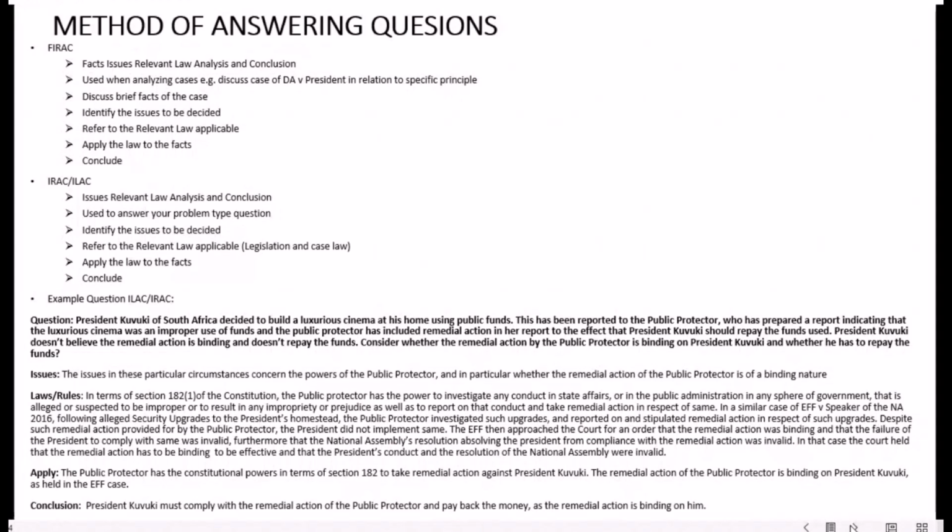You can also refer to other cases that would be applicable. So when we talk about relevant law, we're talking about any law that would be applicable, whether it's legislation. Here it would mostly be the Constitution, and any other case law that is applicable. Then you would apply the law to the facts, and then you would conclude with your answer.